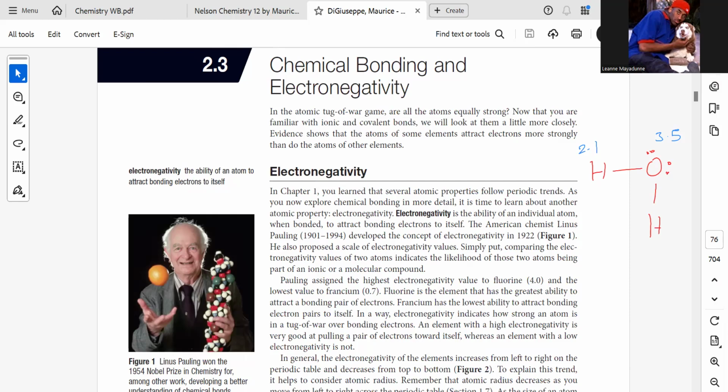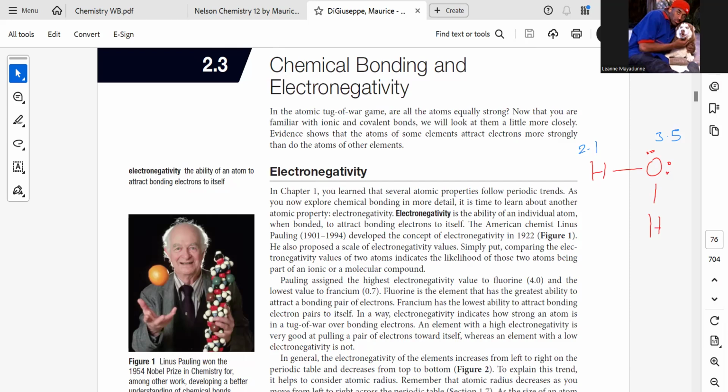So if we go to ptable.com, oxygen has an electronegativity of 3.4.